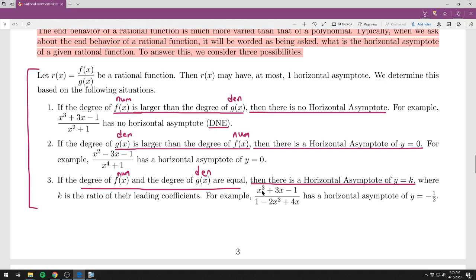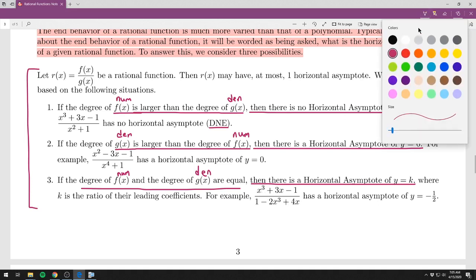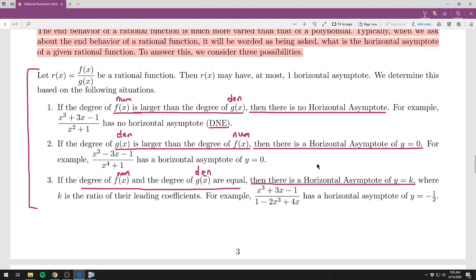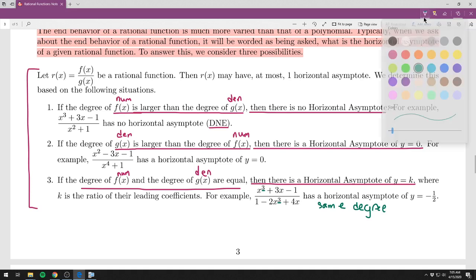For example, x cubed plus 3x minus 1 over 1 minus 2x cubed plus 4x has a horizontal asymptote of y equals -1/2. Right, so they have the same degree. Right, the biggest power is 3. When you have the same degree, you have to look at the ratio of their leading coefficients.